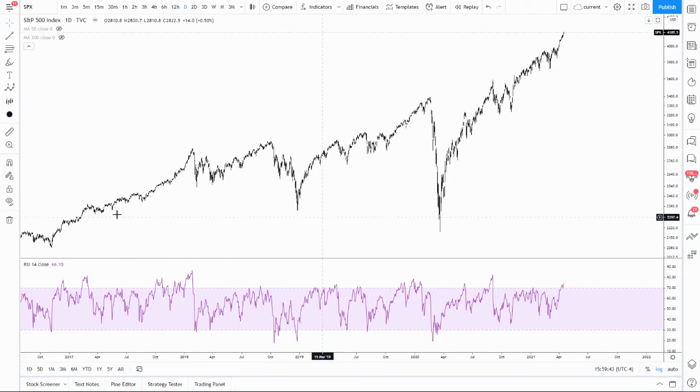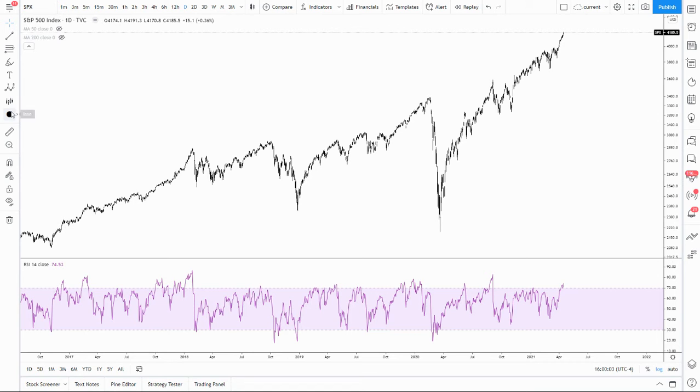So what I mentioned earlier, an asset is usually considered overbought when the RSI is above 70 and oversold when it's below 30. This line right here on the RSI indicates 70%. Down here is 30%. As you can see, the line fluctuates with the asset price.